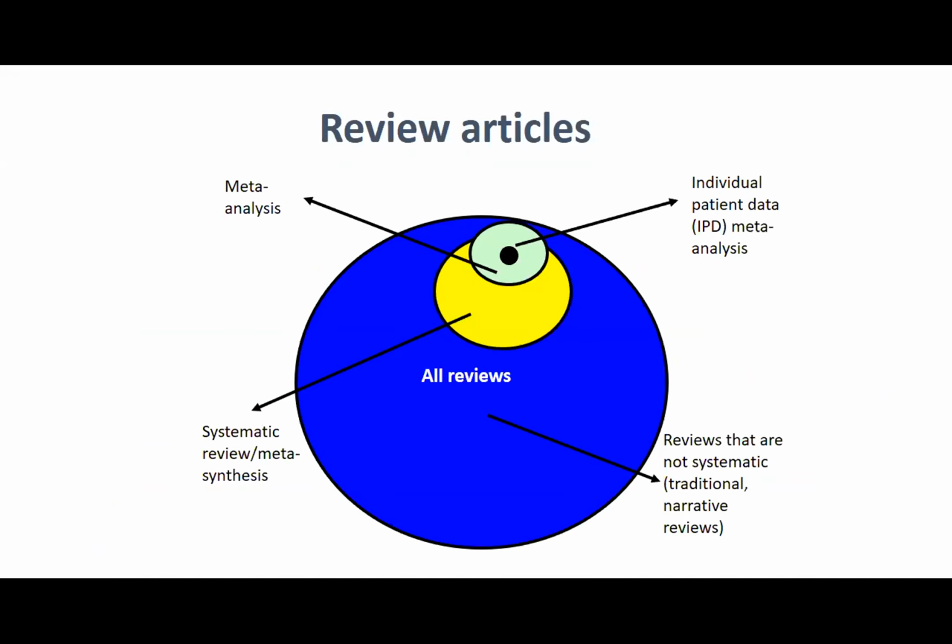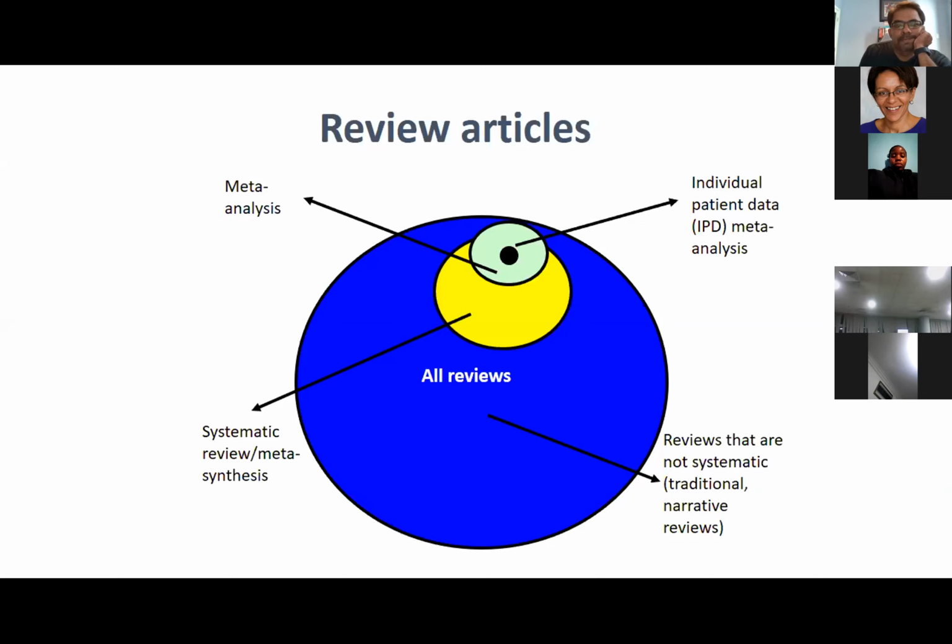And then where possible, those reviews will include a meta-analysis. And we don't have time to talk about individual patient data meta-analysis, but that's another type of meta-analysis that one can have. And be very careful of finding a review that's not systematic that also included a meta-analysis.